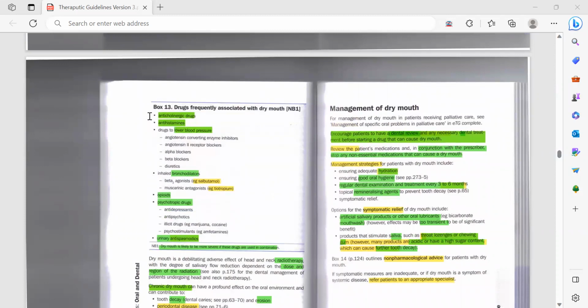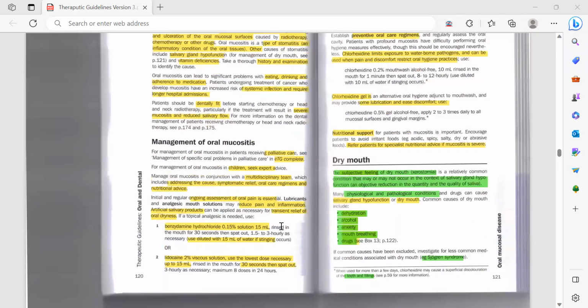What are these drugs? Anticholinergics, antihistamines, the drugs that lower blood pressure, then bronchodilators, opiates, psychotropic drugs, or urinary antispasmodics.